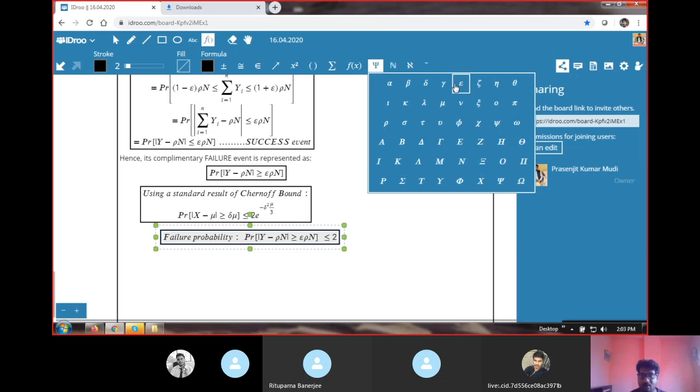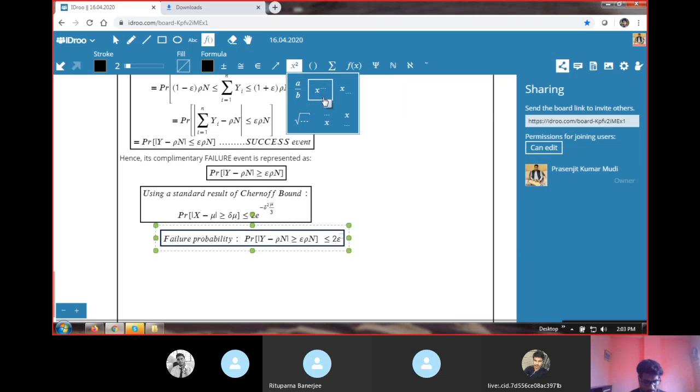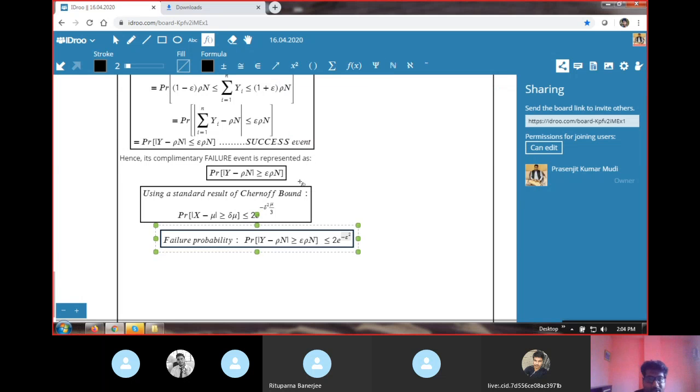So 2 e to the power minus epsilon square into mu by 3, that is rho n by 3.